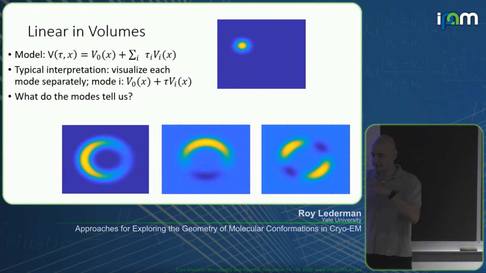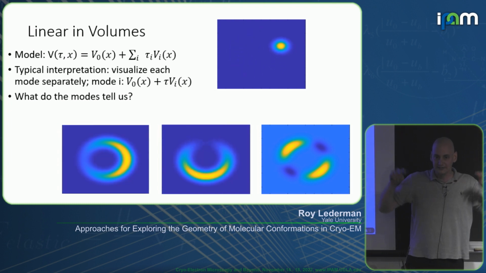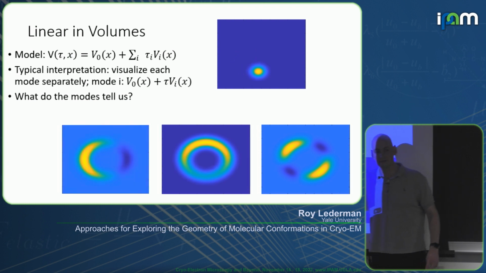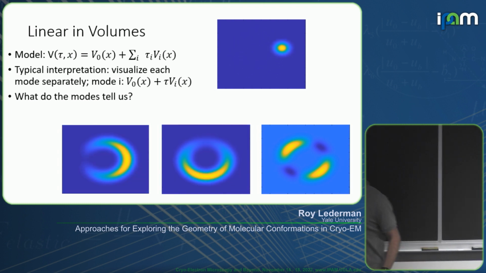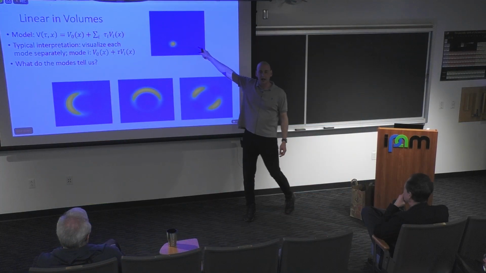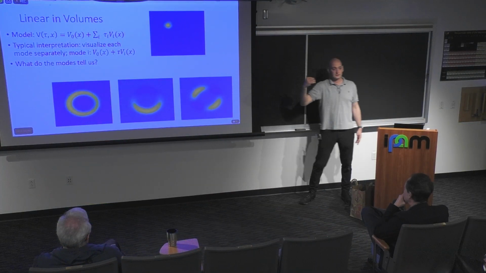The reason is that the actual valid states are some kind of linear combinations of these, and not every linear combination is valid. So this looks very different from this, which is one of the difficulties in these linear models.